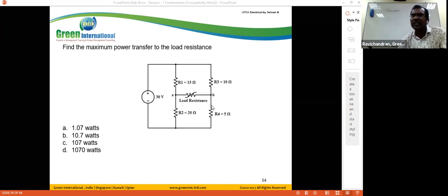Already we saw this problem in the Thevenin circuit. Here they ask to find the maximum power transfer to the load resistance. So our objective is to find the power transferred to the load resistance. Here we need to find PL.